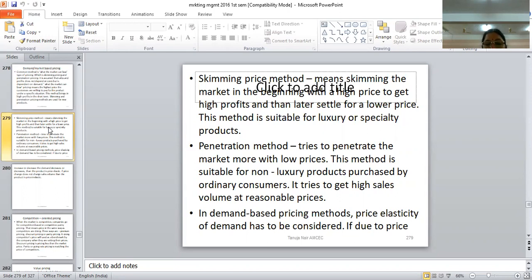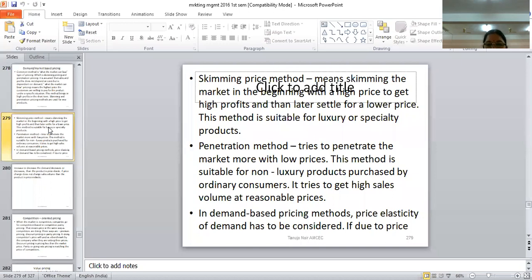This penetration method is usually used for non-luxury products, and for the middle class and lower class customers, they follow this penetration method of pricing. So here the objective of the company is not to get high profits in the beginning. The objective is to get high volume of sales. So that is why they introduce the product at a very low price into the market. They want maximum market share. They want the maximum sales from their product.